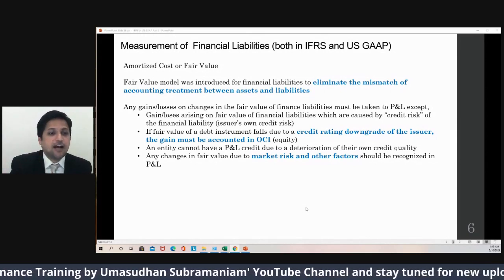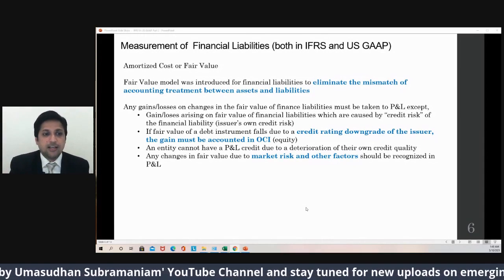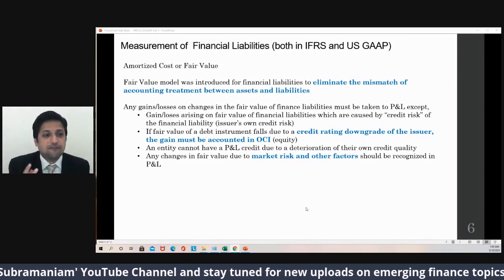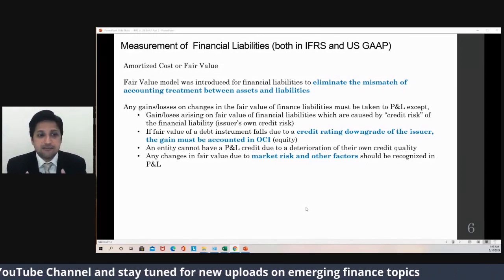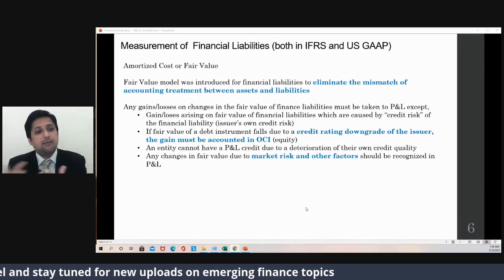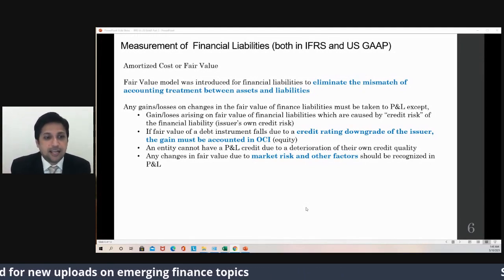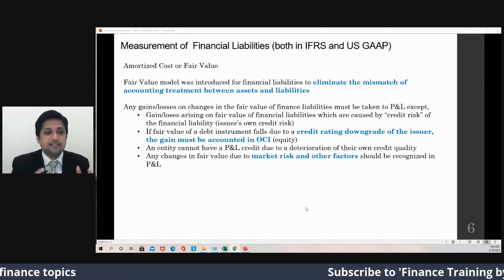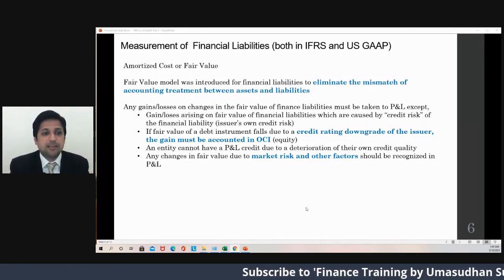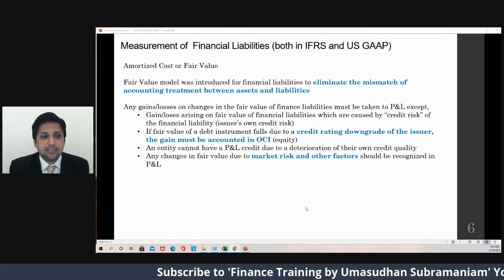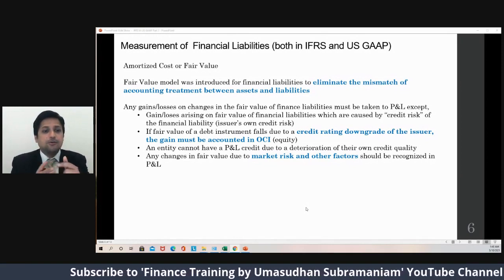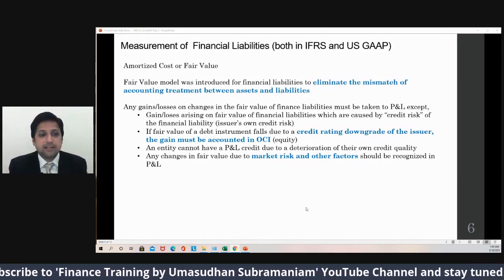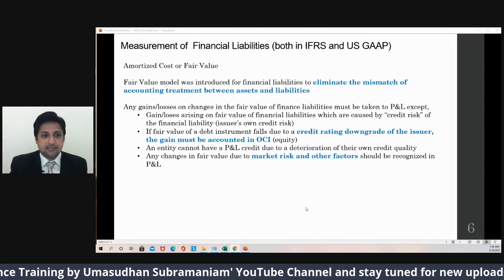So with the introduction of IFRS 9, a fair value option for financial liabilities was introduced, which was later harmonized into US GAAP. So now both US GAAP and IFRS allow companies to measure their financial liabilities either at cost or fair value, depending on the circumstances.